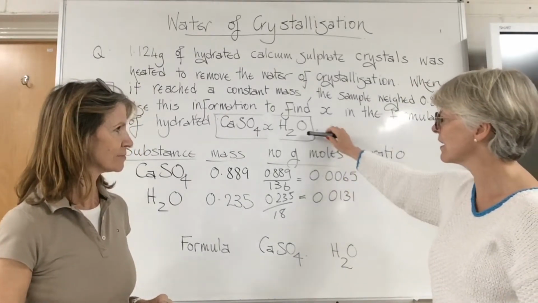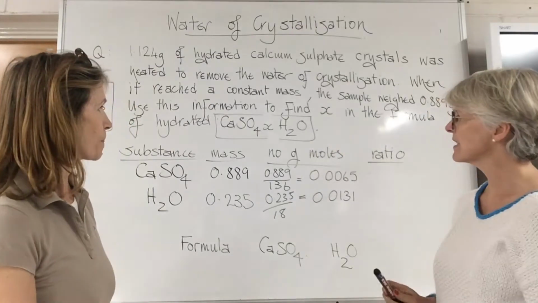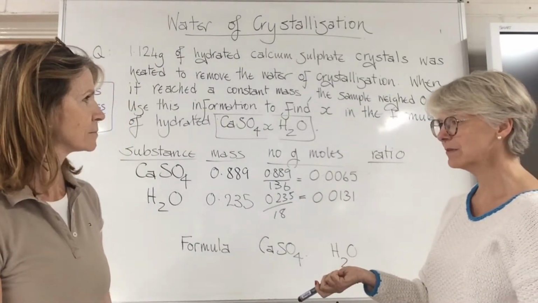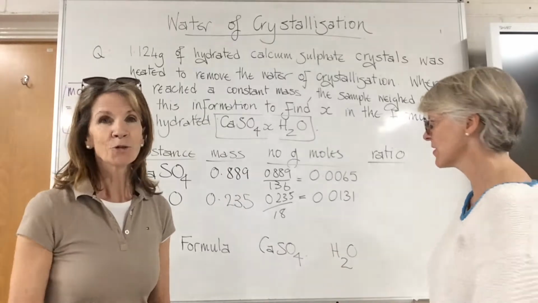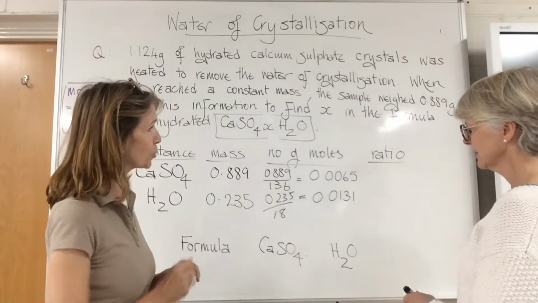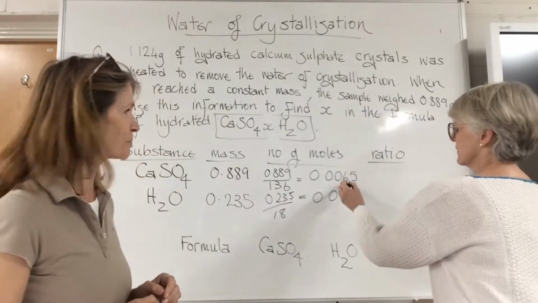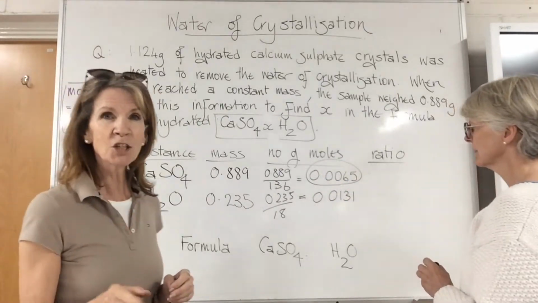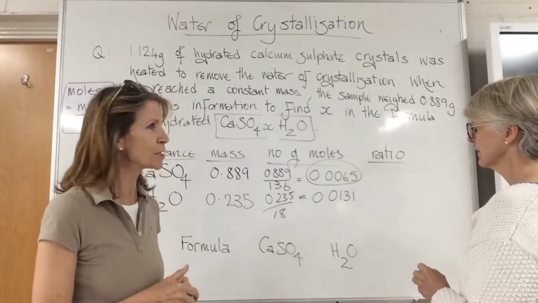We're trying to work out the ratio as we did before. If we remember from our empirical formula, what do we do to work out the ratio? It's very straightforward. You look at the numbers and circle the smallest one, and you divide each of those numbers by the smallest number.